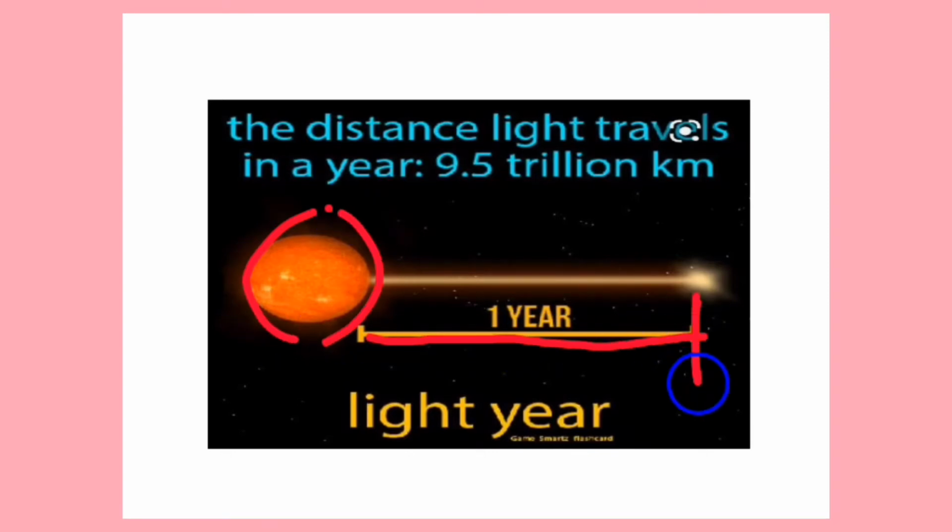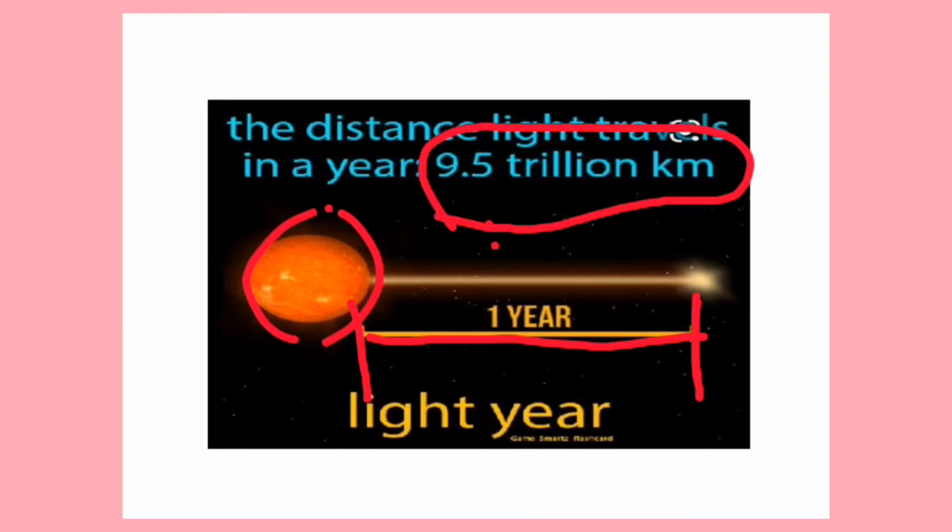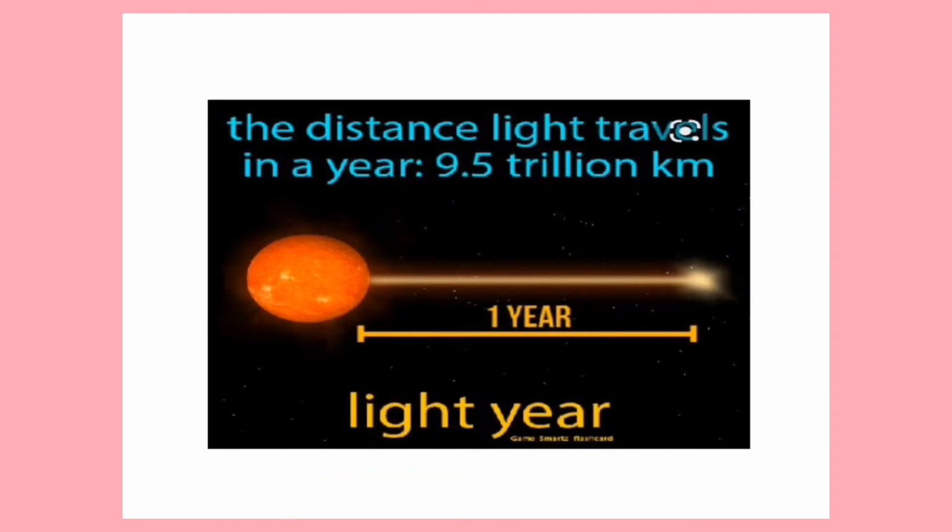Approximately, light travels around 9.5 trillion kilometer. So 1 light year is equal to 9.46 into 10 to the power of 15 meter, which is approximately equal to 10 to the power of 16 meter, the distance travelled by light in 1 year.